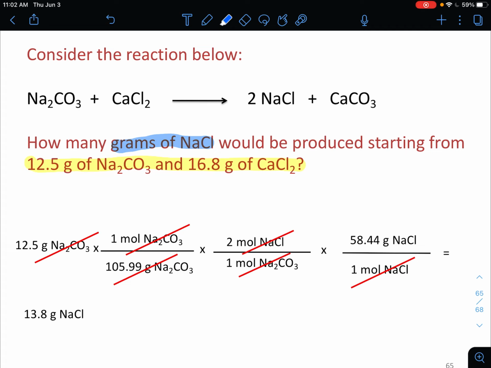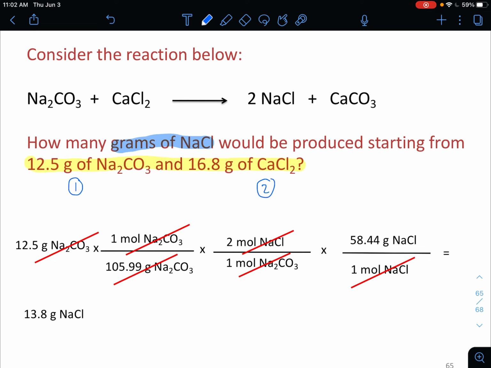So there are a lot of strategies we can use to calculate the yield in a limiting reactant problem. My preferred strategy, and it seems that students like this better than the other strategies I've previously proposed, is simply to say, just do the theoretical yield calculation first for the first reactant, and then again for the second reactant.